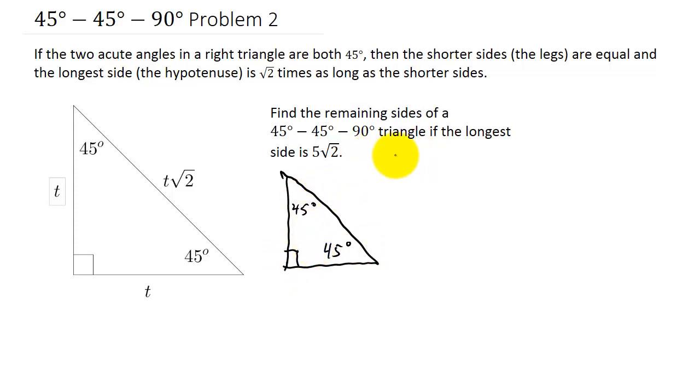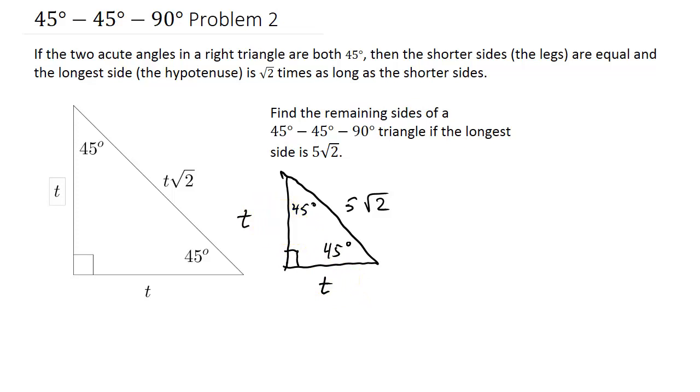They're telling us that the longest side, which is the side opposite the 90-degree angle, is 5 square root of 2. And they want us to find the remaining sides. So we'll need to find this side, we'll call it T, and once we find this side, we'll have this side because these two sides are the same.